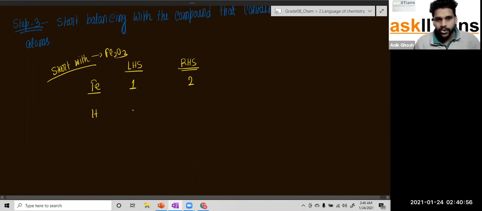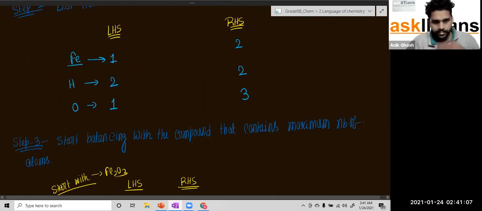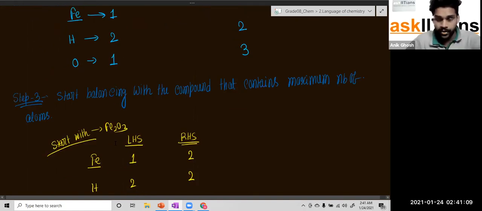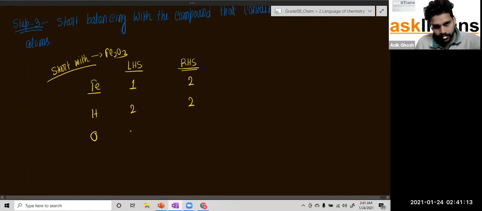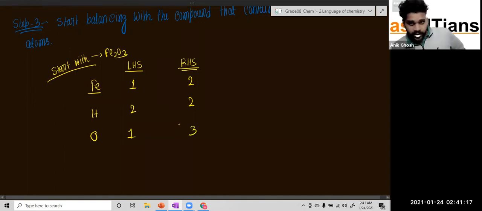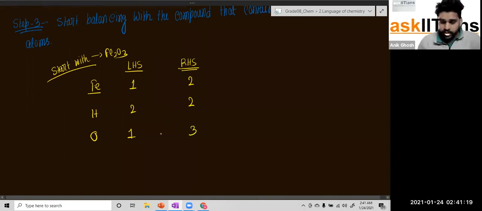The hydrogens were balanced, if I am not wrong, 2 and 2. The oxygen was 1 and 3.